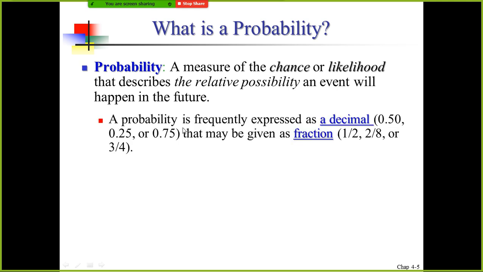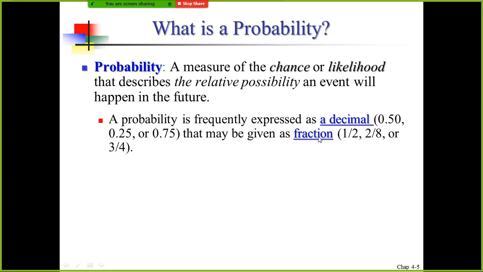A probability is frequently expressed as a decimal number, like here 0.50, 0.25 or 0.75. These decimal numbers may be given as fractions.